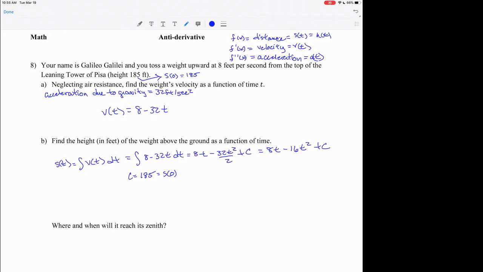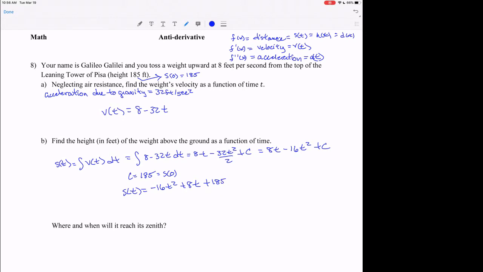All right. So I called it D in my notes. So that tells me that s of t equals, I'm going to do this differently, minus 16t squared plus 8t plus 185.